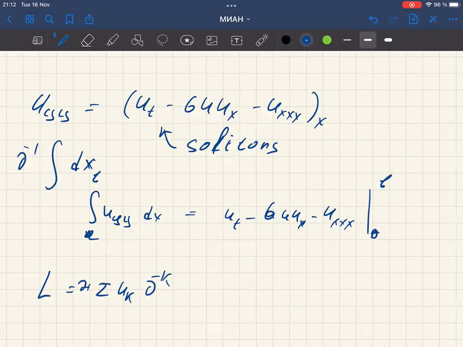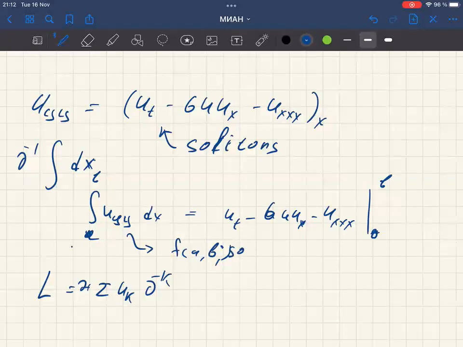I don't recall a formula for solitons in KP. But for example, what could we do? We could take this integral from. Well, this will be some function of a and b and parameters of solitons.